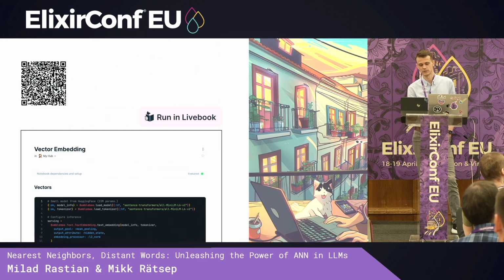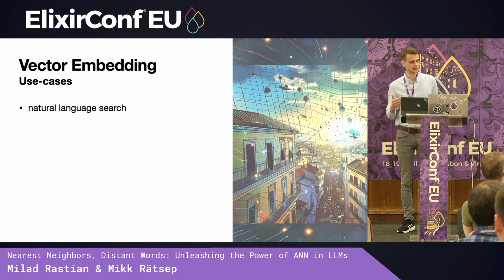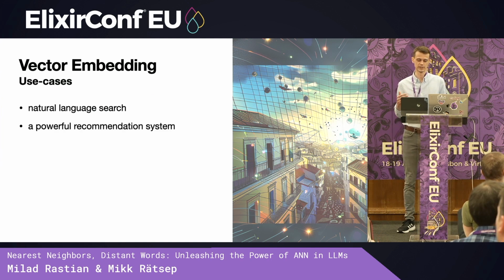So being able to search by similarity or meaning gives us an opportunity to effectively use vector embeddings in areas like natural language search. Think of Google or any other search engine, or a powerful recommendation system, something like Amazon or Netflix, or documentation and customer support.